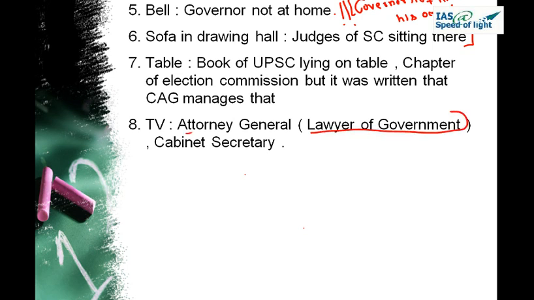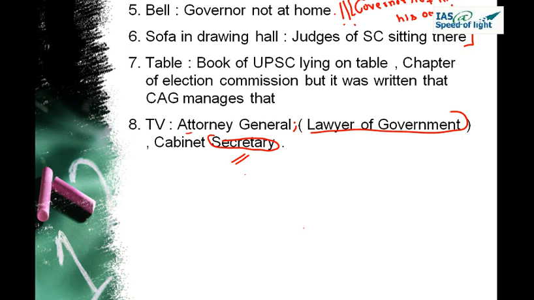The Attorney General is actually a lawyer for the government, and one Cabinet Secretary. With Cabinet Secretary, we get secretary, your personal secretary maybe. So on the TV, there was an interview going on with the lawyer of the government, and he is trying to defend the government on the wrong policies of the government maybe, and he is with his secretary, a very good beautiful lady secretary, right?